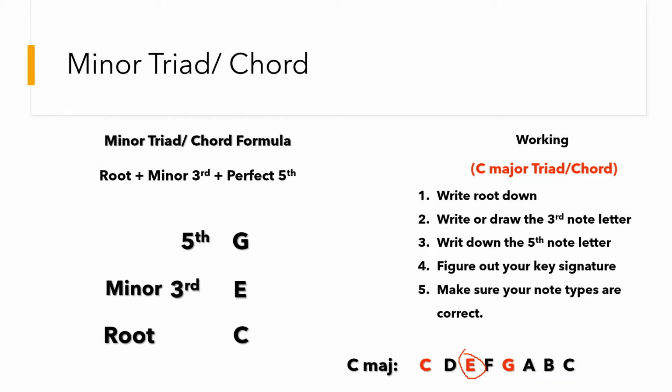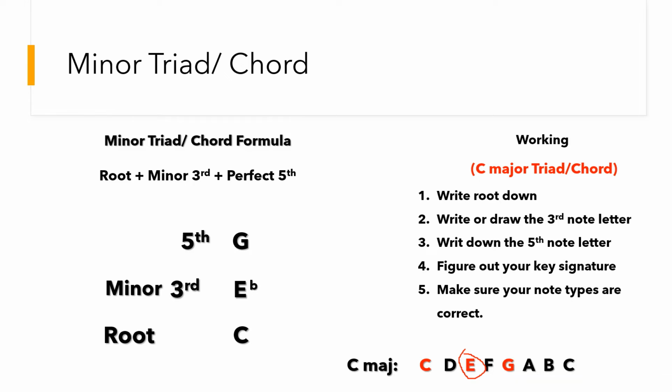Now, in order for this E to turn into a minor E, you have to follow the other rubric. Right below major is minor, so I have to come down one step. I hope that you all have your rubrics in front of you. Going on the accidentals rubric, it is a natural, and I have to come down one, so I have to add a flat to make it minor.